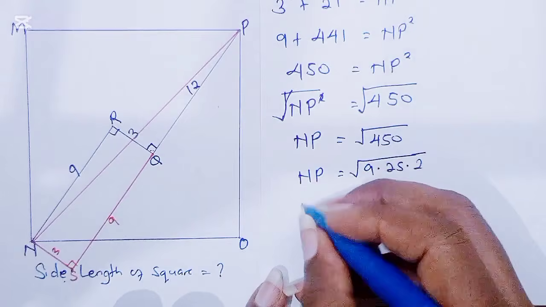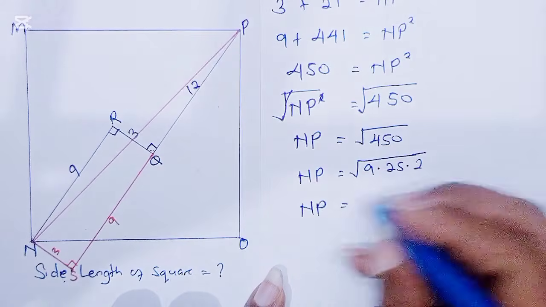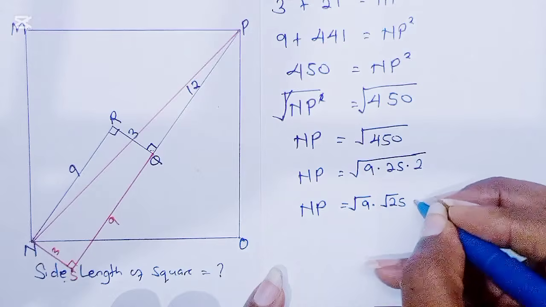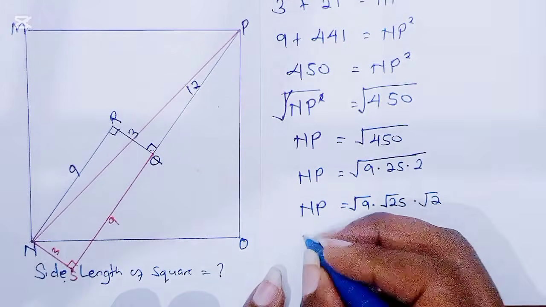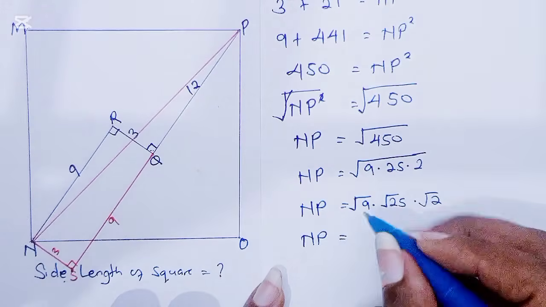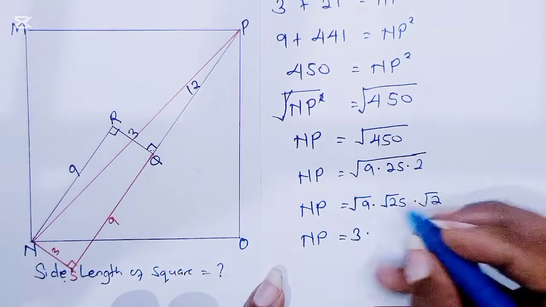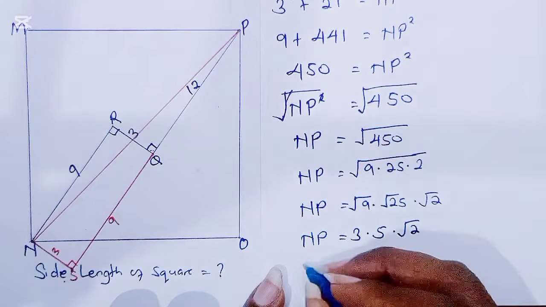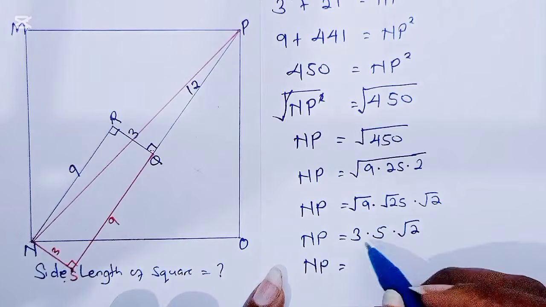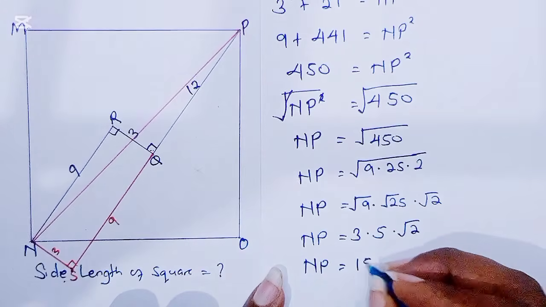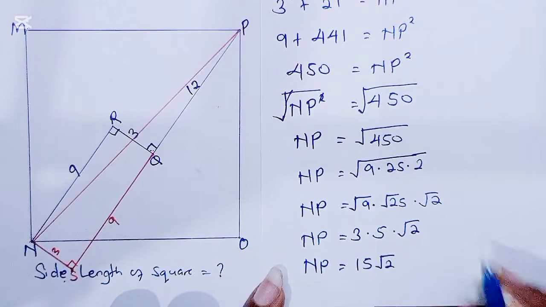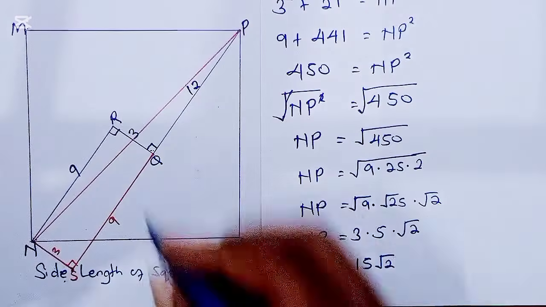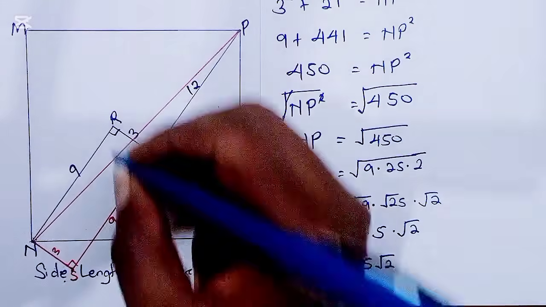So NP is equal to square root of 9 times square root of 25 times square root of 2. So NP is equal to 3 times 5 times root 2. And so NP is equal to 15 root 2. Okay.